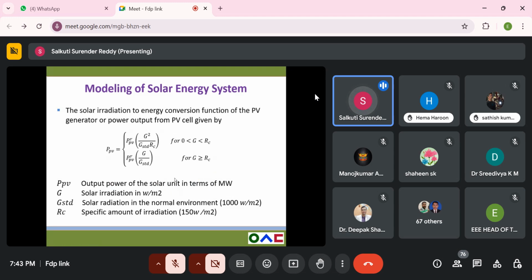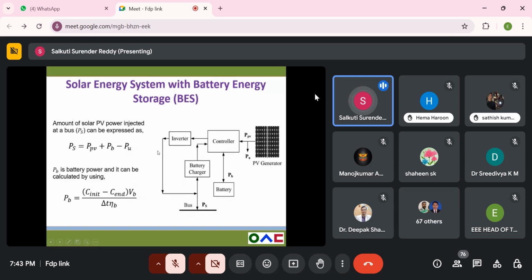And solar power can also be modeled by considering the solar irradiation, that is G. Based on this solar irradiation, the solar power can be determined. If you see this picture, here you have a solar generator as well as the battery. Based on this solar power and the battery, the final output which you are giving to the system is PS.